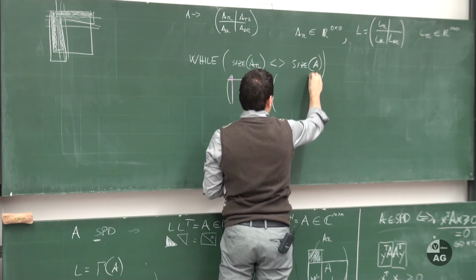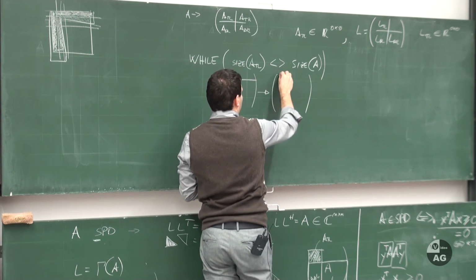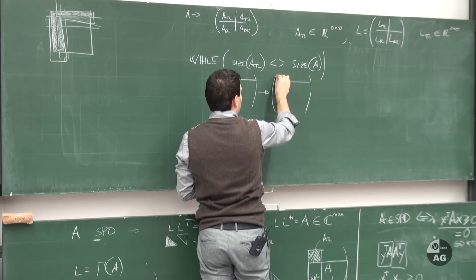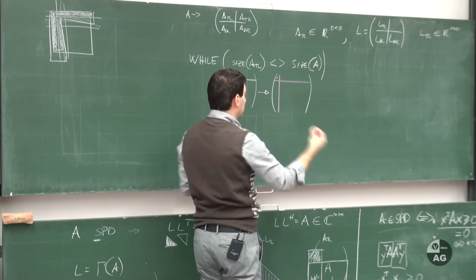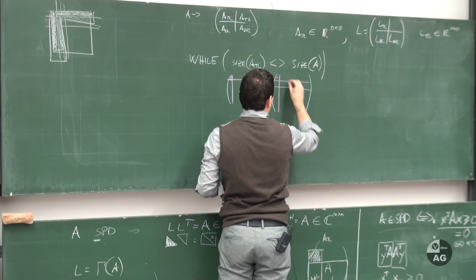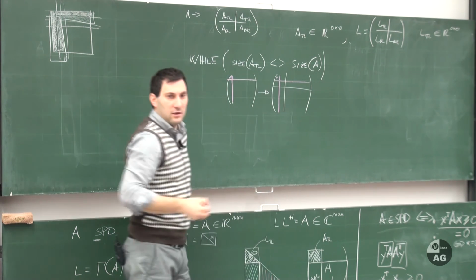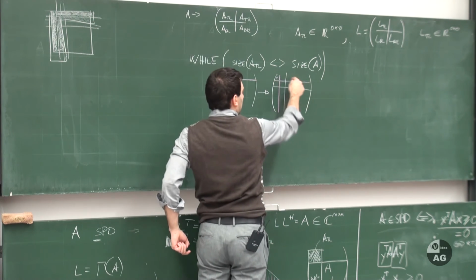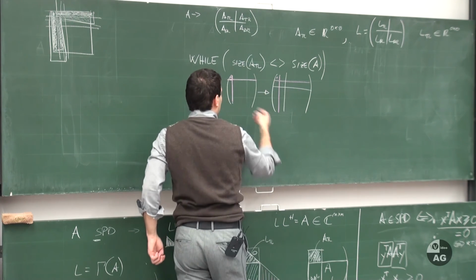And I go to a 3 by 3 where the purple stays the same. So this is still empty. But now I expose new parts of the matrix. In total, I have a 3 by 3 object. 1, 2, 3, 1, 2, 3, 1, 2, 3.